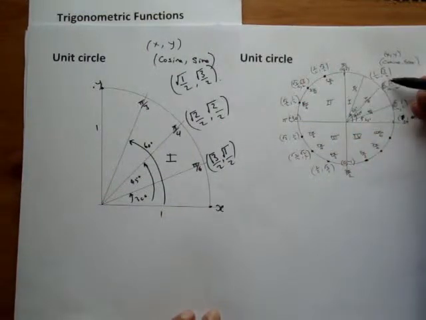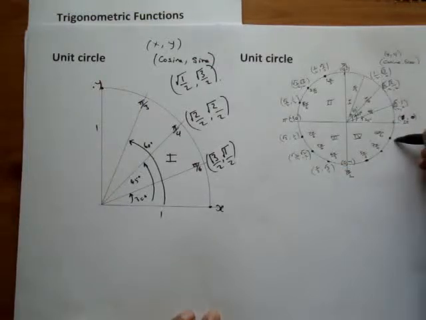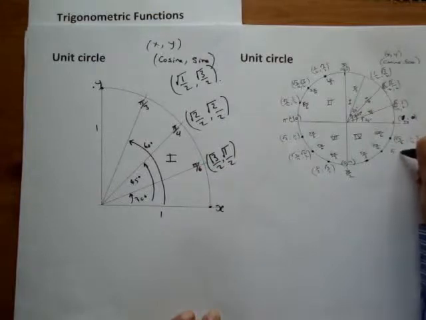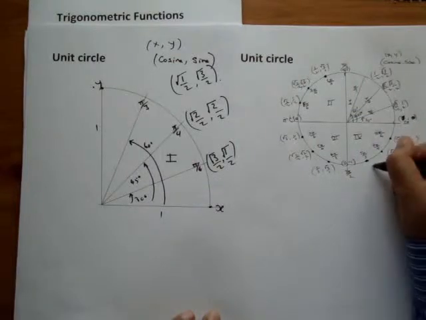For quadrant 4, we flip this across, so this value here, the 30 degrees, would come where 11 pi over 6 is, so that would be square root of 3 over 2, a half, square root of 2 over 2, square root of 2 over 2, and then a half, square root of 3 over 2.